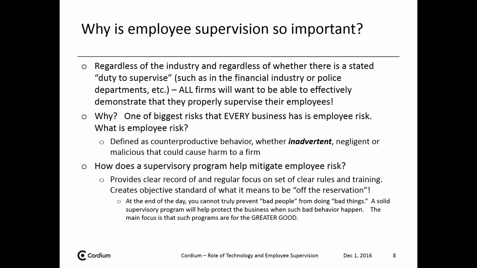It creates an objective standard of what it means to be off the reservation. Ideally, and this is the quote I also use, at the end of the day, you can't truly prevent bad people from doing bad things, and that includes employees of a firm. But what you can do is make it clear that when people are going off the reservation, they are doing the opposite of what is told to them. They are not following rules.